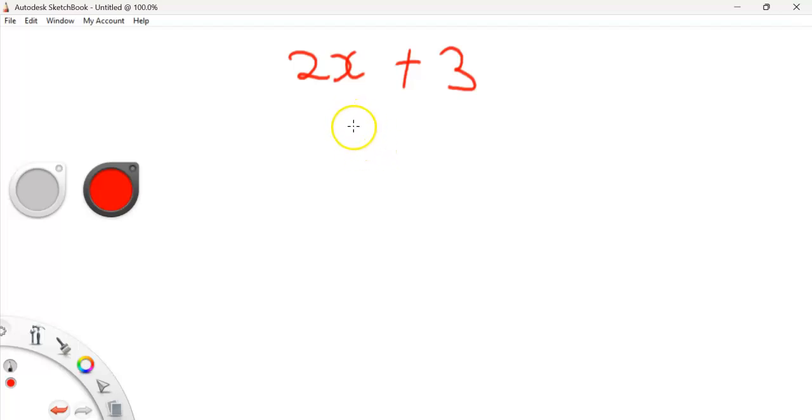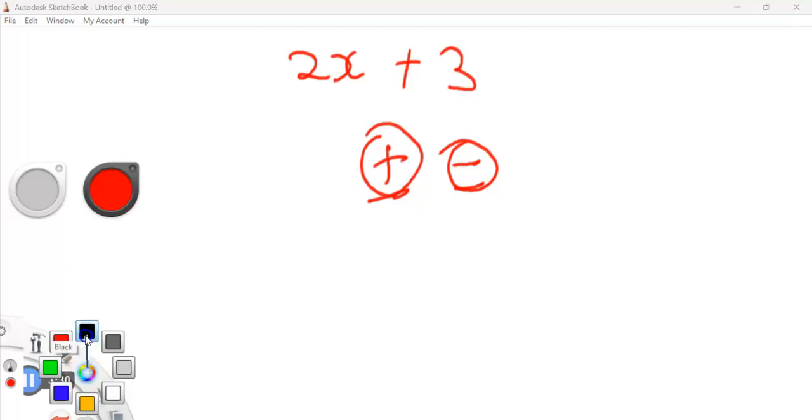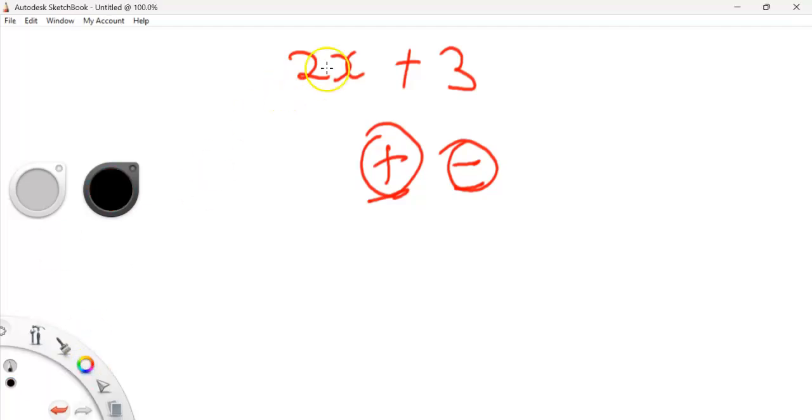Whenever you look at any algebraic expression that is separated by a positive or negative sign, the fragments of that algebraic expression are what is called terms. So in this particular algebraic expression, we have two terms.